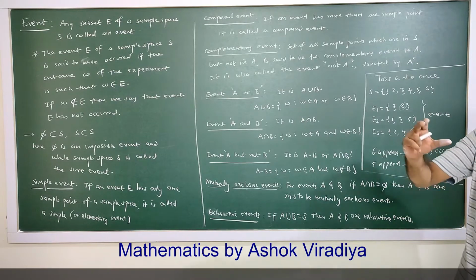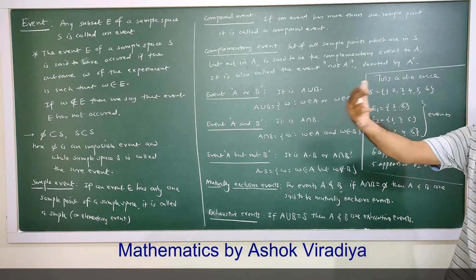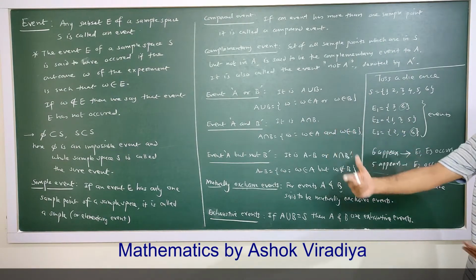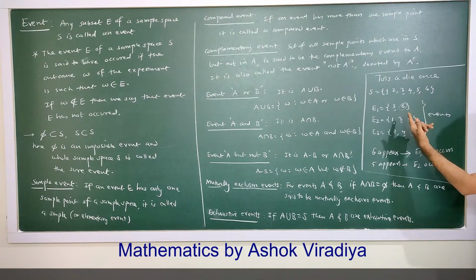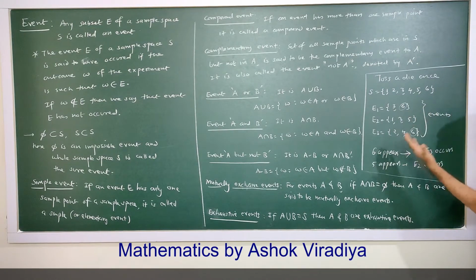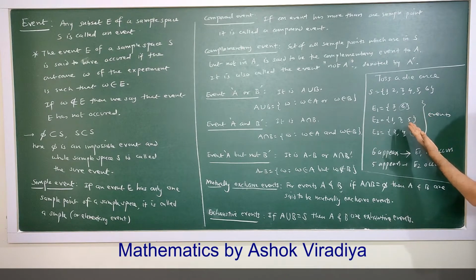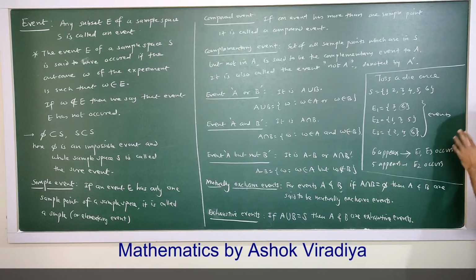The meaning of occurrence of an event: when we say that this event occurs, it means whatever the output is, if the output is contained in that event, check whether the obtained output belongs to which event, then we say that event occurs.